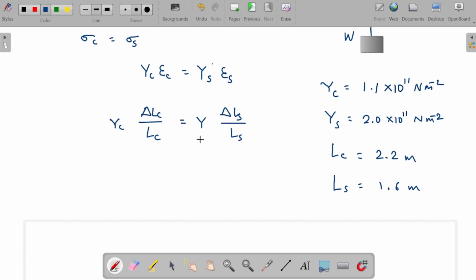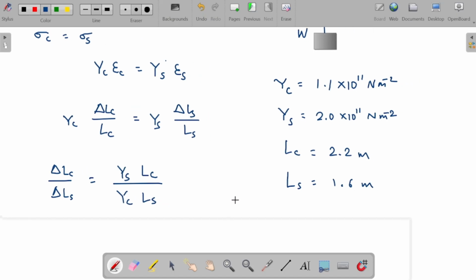So let me rearrange these terms. Delta LC divided by delta LS should be Young's modulus for steel into LC divided by Young's modulus for copper into LS.